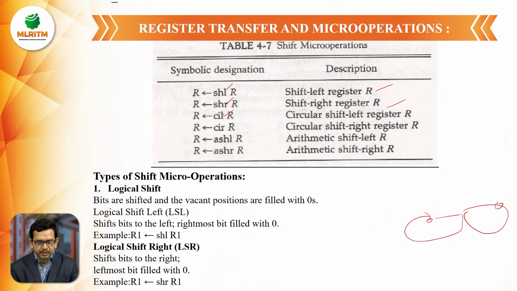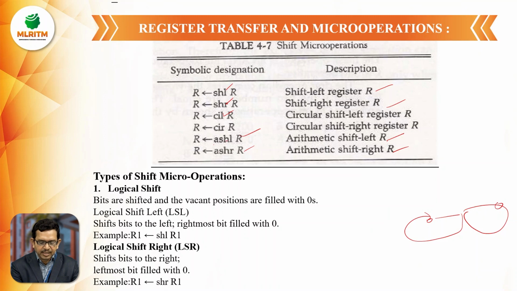Likewise, the fifth and sixth operations are arithmetic shift left and arithmetic shift right. How are they represented? ASHL and ASHR.